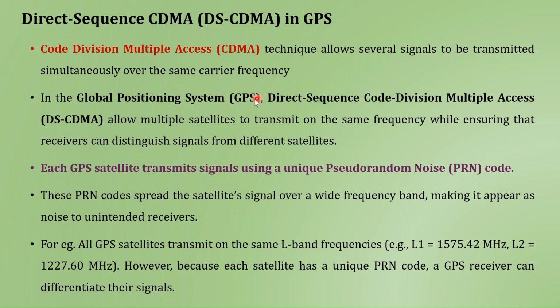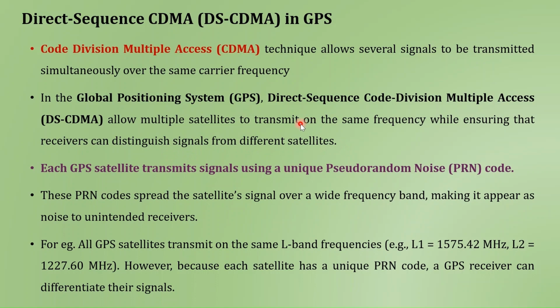To distinguish the signal coming from each satellite as a different signal, GPS uses direct sequence code division multiple access, also abbreviated as DS-CDMA. This technique allows multiple satellites to transmit on the same frequency while ensuring that receivers can distinguish the signals from different satellites.